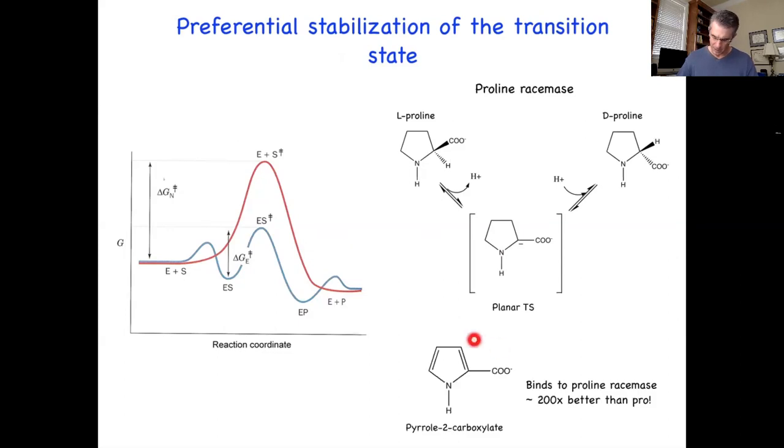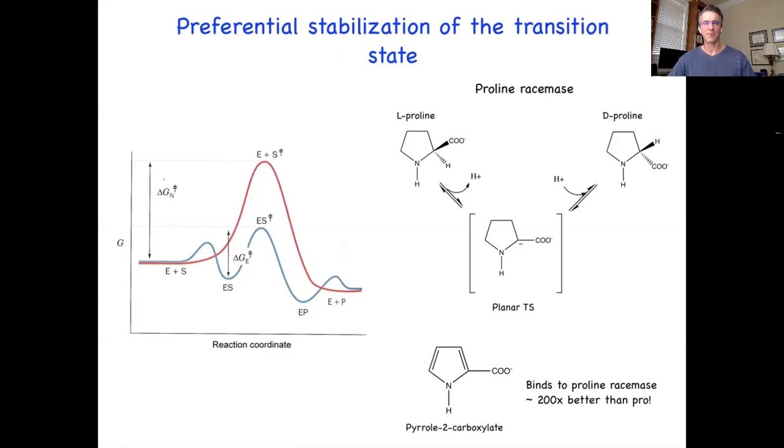For example, this molecule here, this pyrrole 2 carboxylate, right? You'll notice because of the conjugation around this pyrrole ring, this is now a planar ring. There's one proton here, and there's a carboxylate hanging off. So the shape of this is very similar to the transition state. This molecule, this pyrroline carboxylate, binds to proline racemase 200 times more tightly than does proline alone, right?